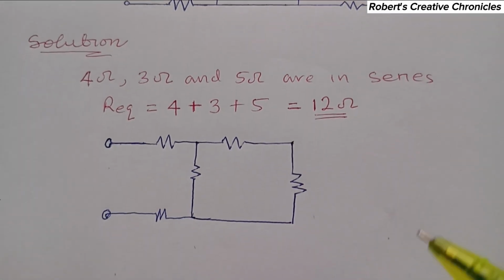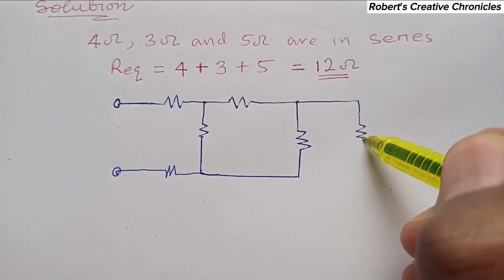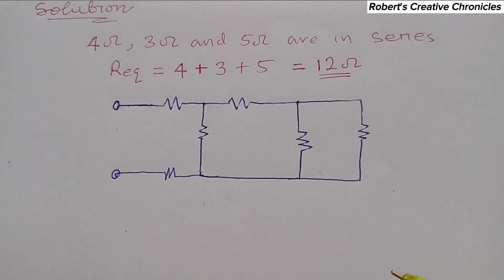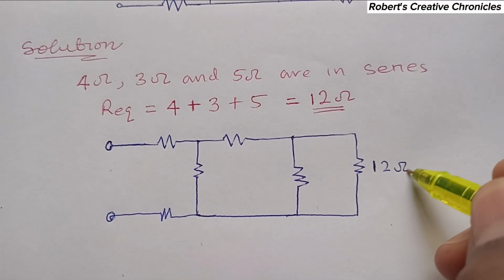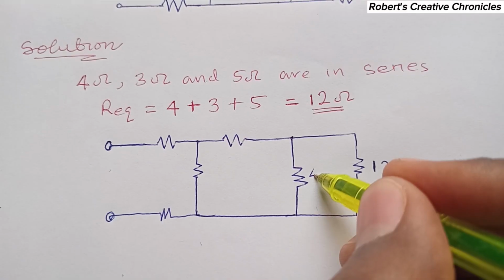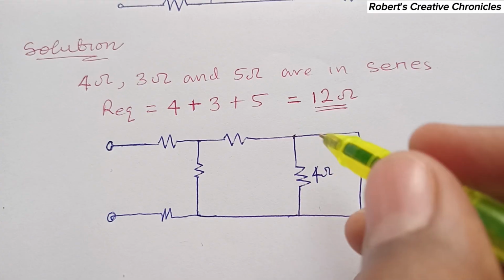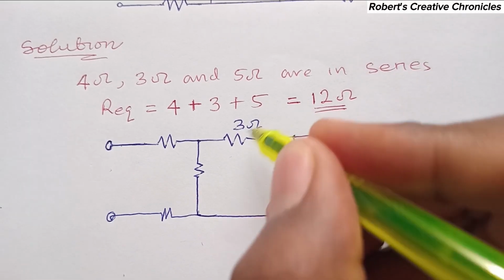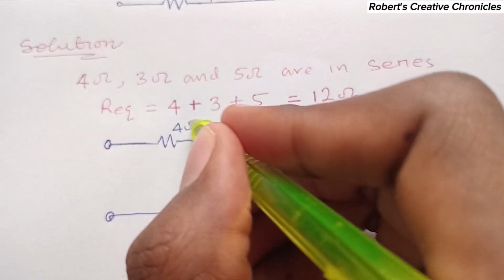So it's now one resistor like this. That's all. Now here is 12. Here is 4 ohms. Here is 3 ohms. Here is 6 ohms. Here is 4. Here is 3.